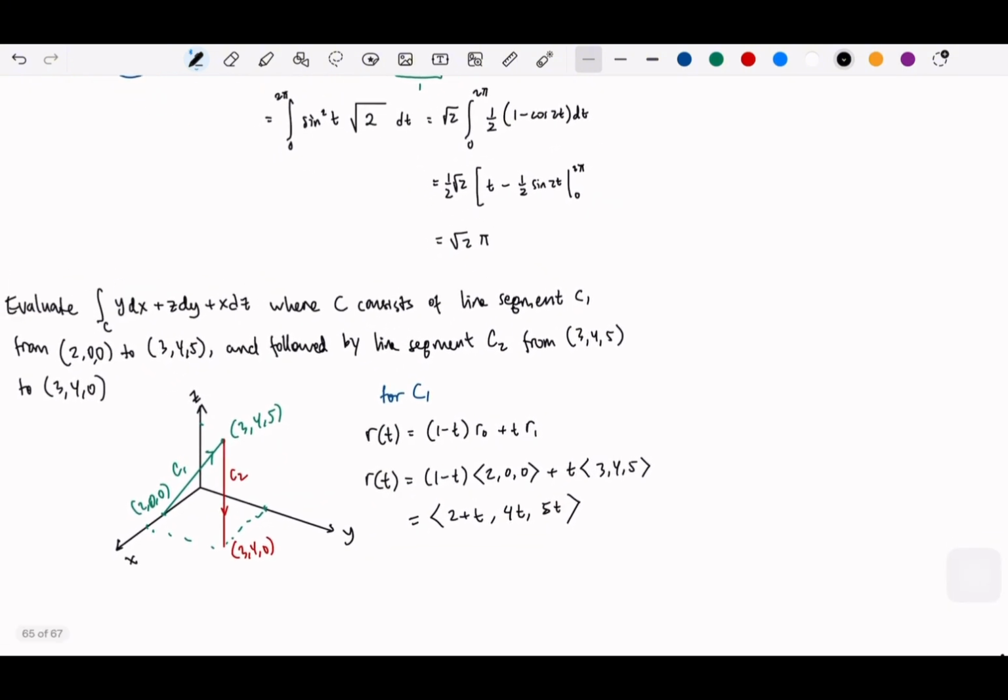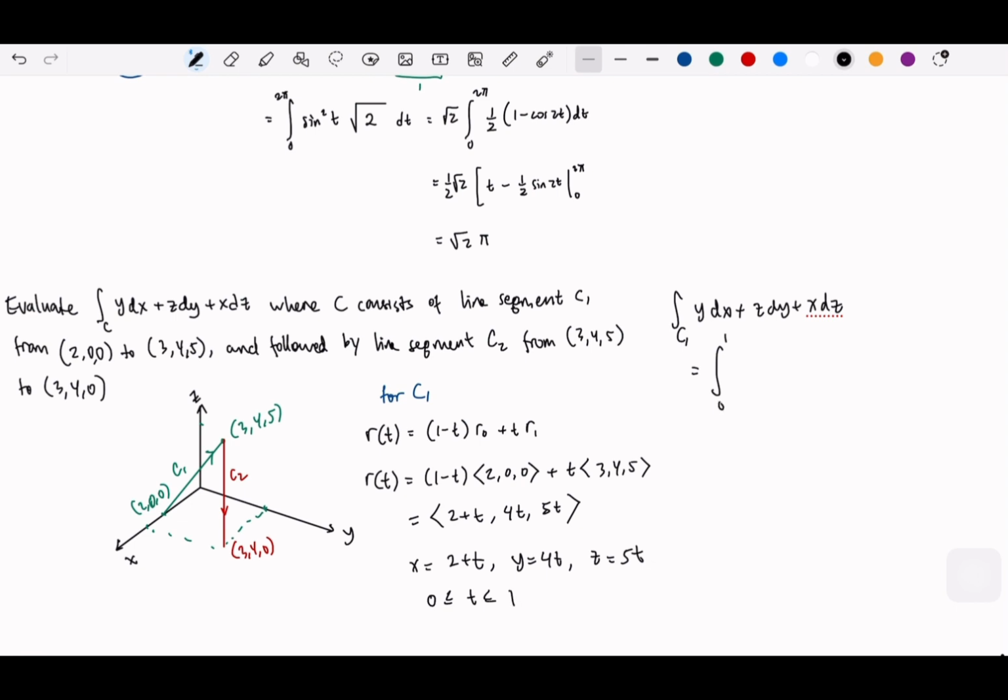And then the line integral, we can write in parametric form based on the vector. Just to make sure, the parameter itself is from 0 to 1.